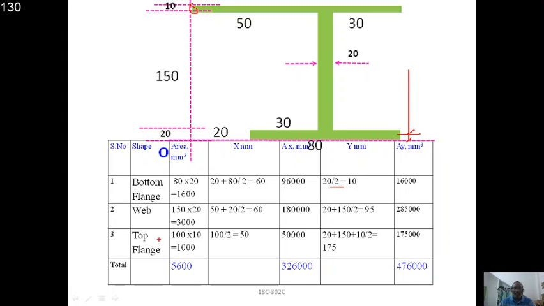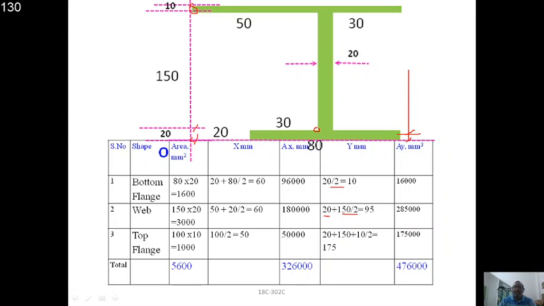For the web portion, the total is 150, and 150 by 2 being a rectangle. It does not start at the origin. There is a distance of 20 between the web and the origin point, hence we need to add this 20.